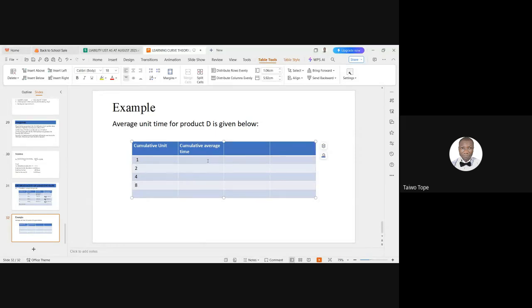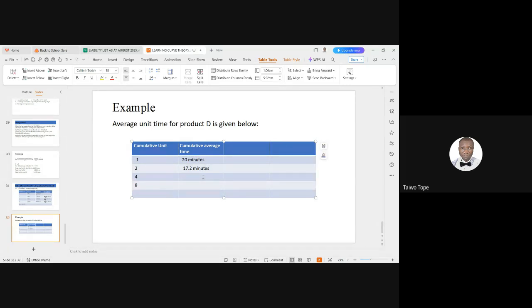The cumulative average time is 20 minutes, 17.2 minutes. Take note, average is different from total.